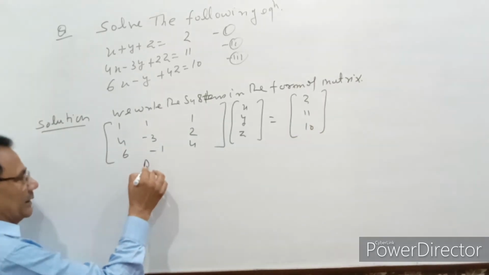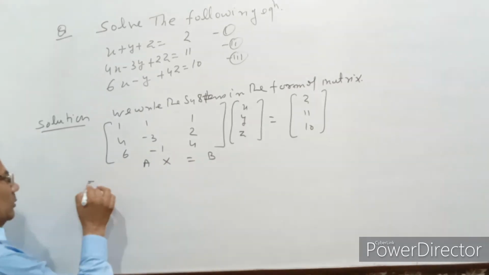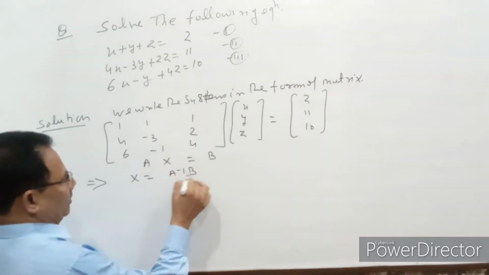That is, say the matrix A, this is X, is equal to that is B. This implies that X is equal to A inverse B.